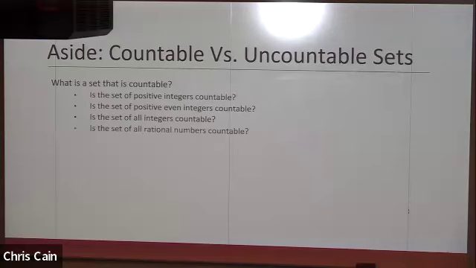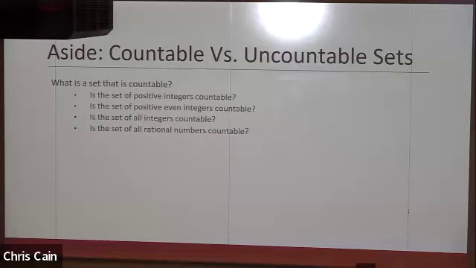How about the set of all rational numbers? The rational numbers is any quotient, some integer divided by some other integer. Is that countable? Say yes, because it's made up of integers on the top and bottom.